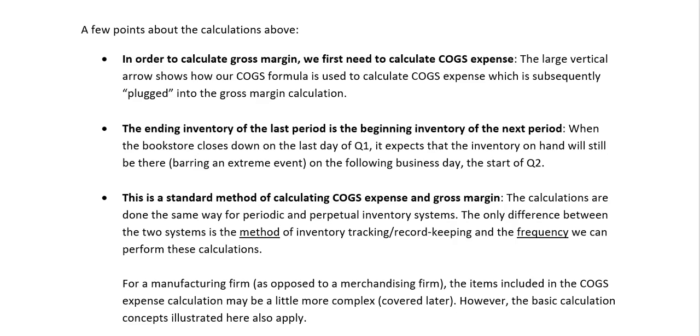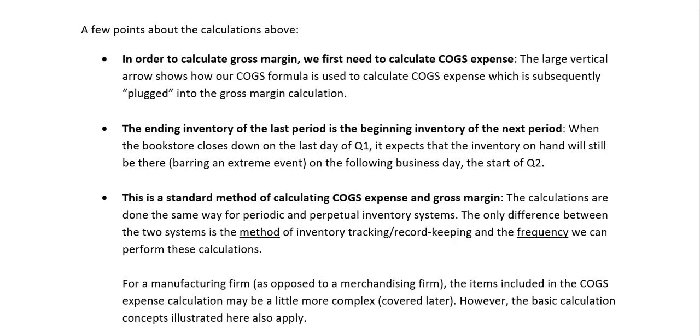In order to calculate gross margin, we first need to calculate COGS expense. The large vertical arrow shows how our COGS formula is used to calculate COGS expense, which is subsequently plugged into the gross margin calculation.